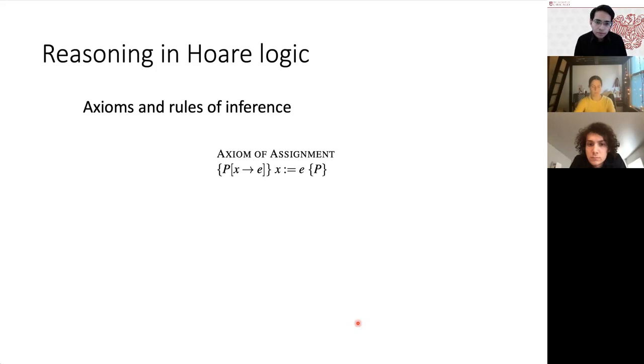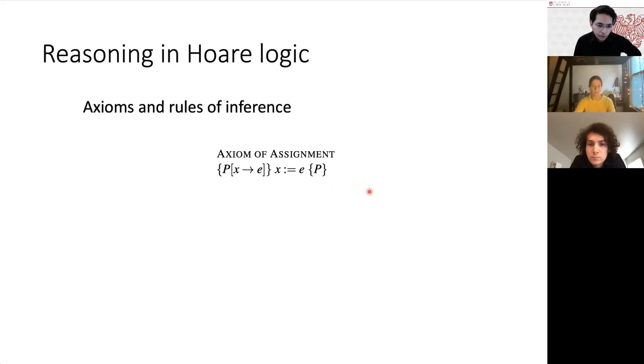There is an axiom for assignment, where we have the general command X equal to some expression E, and it is given a post condition P. This axiom says that to derive a precondition, we take the post condition P and substitute any occurrences of the variable X by the expression E. And this is just an axiom that gives you the weakest precondition for the assignment statement. I'll show an example in the next slide.